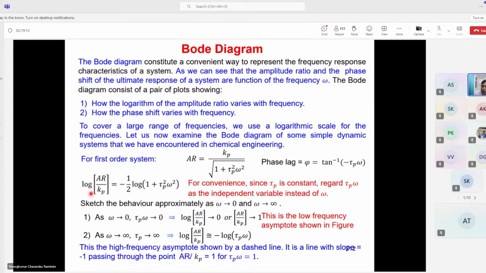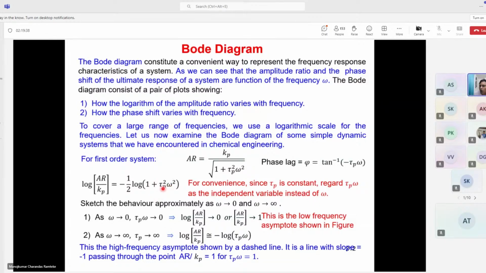Here we have taken a log, we have not taken a ln. It's not a natural log. This is a log to the base 10. Please note that here this log is a log to the base 10, not a natural log. Okay. So log AR by Kp comes out to be minus 1 by 2 log of 1 plus tau p square omega square.